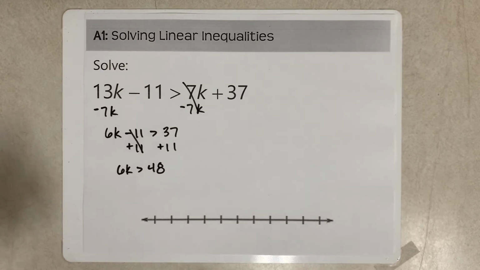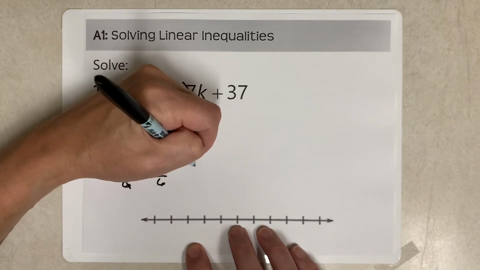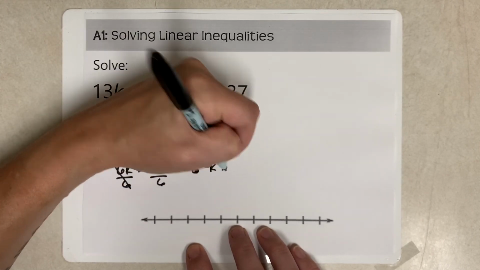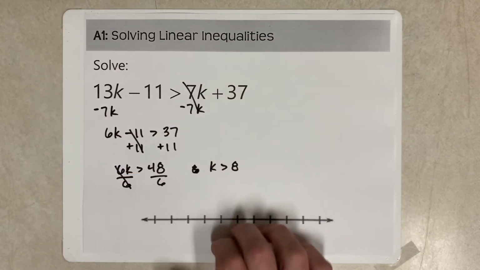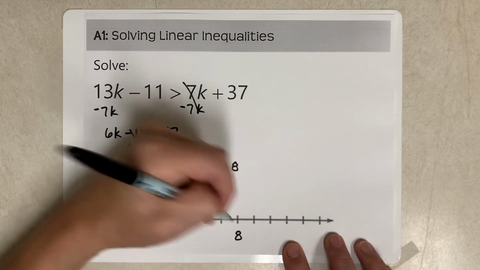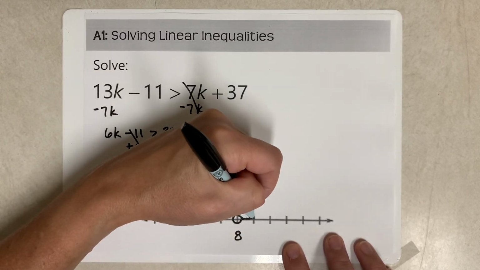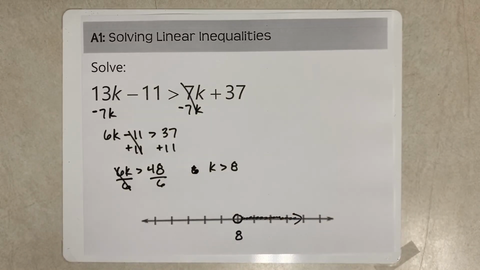And so if I divide by positive 6, I'm going to wind up with k greater than, and then 48 divided by 6 is 8. And so I need an 8 in the middle, open circle, shaded to the right, like this, and then that one's done.